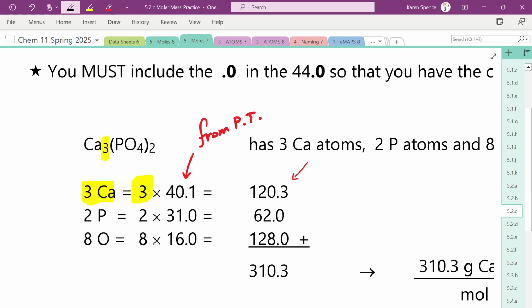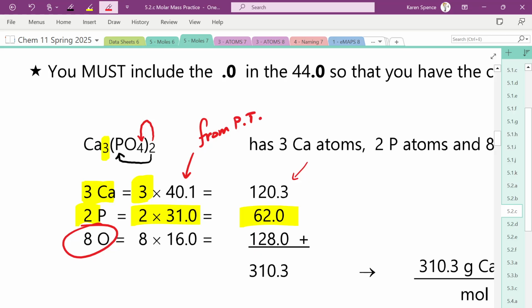This is where you need to be good at reading the formula and figuring out how many atoms. How many phosphorus atoms do we have in this formula? We have 2. 2 phosphorus, 2 times 31 gives us 62. How many oxygens do we have? 2 times 4 is 8 oxygen.